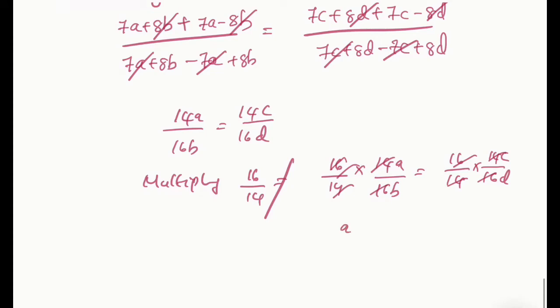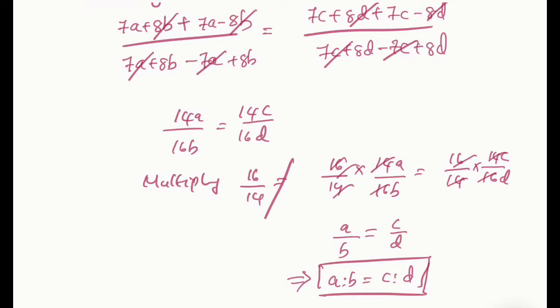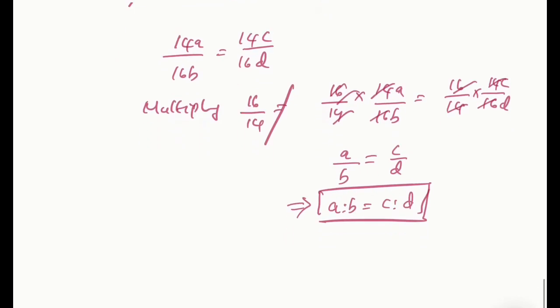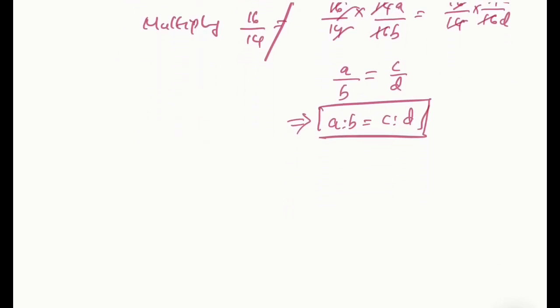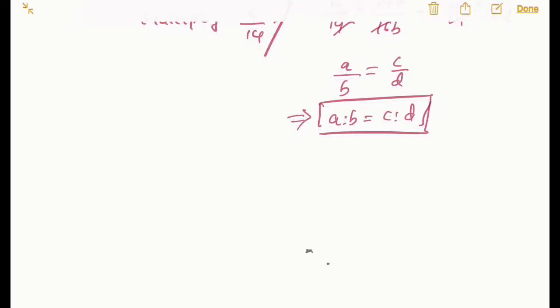So finally I'll get it as a by b equal to c by d. That implies a is to b equal to c is to d. Okay. So hope it's clear to you. So this is how we solve this kind of question.